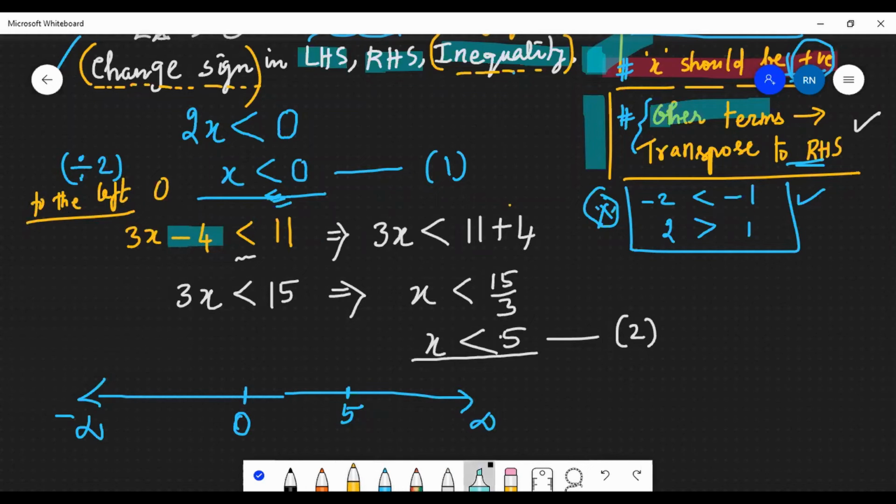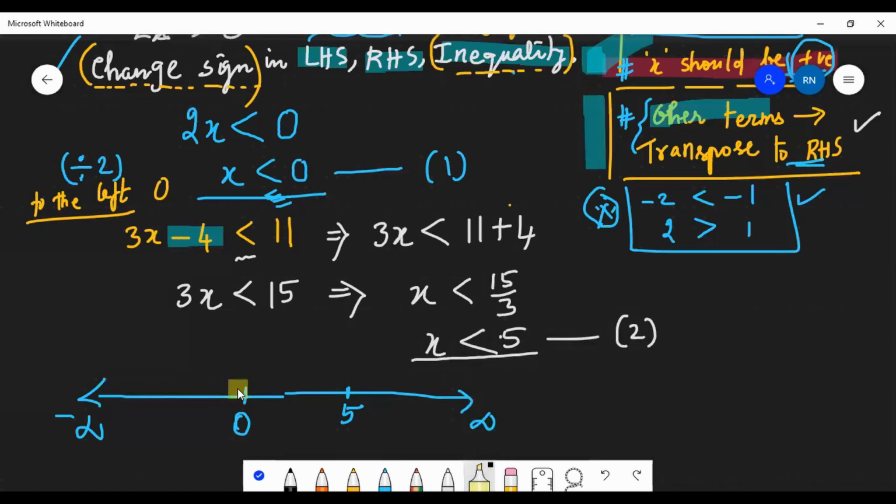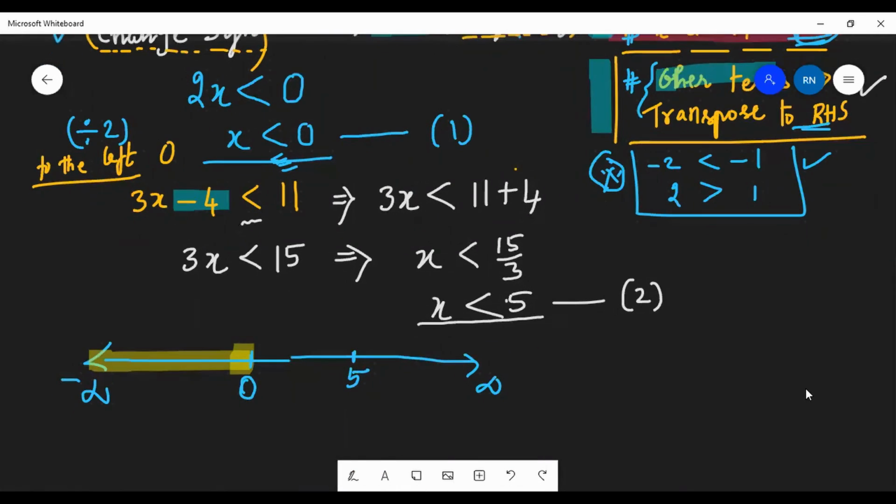From 0, I am not touching it, since equal to is not there. So no need of a dot, but we go to the left until minus infinity. Clear? Yeah, good.